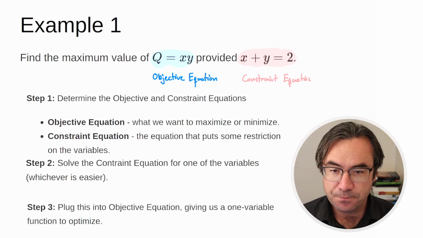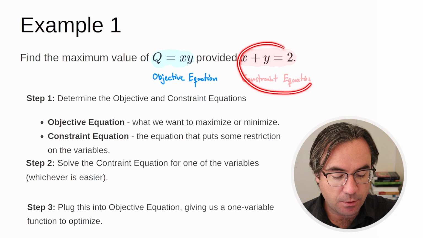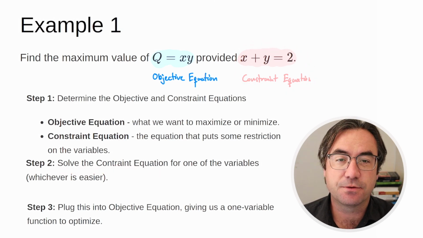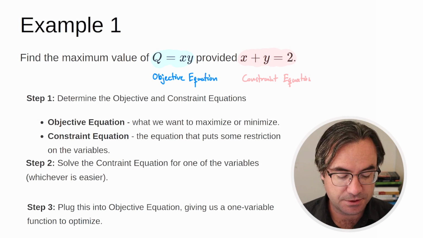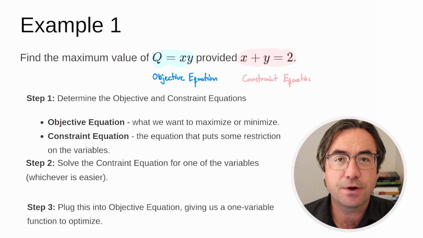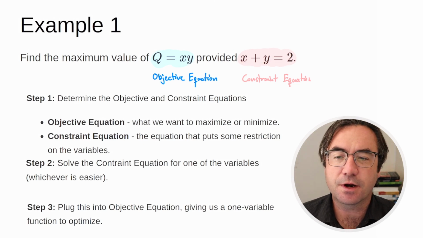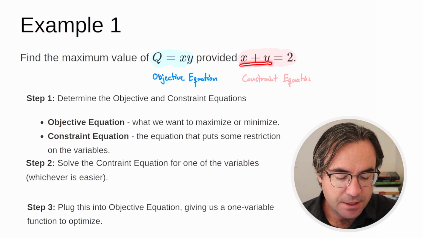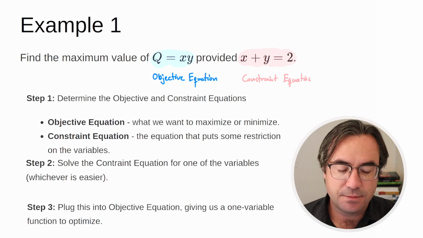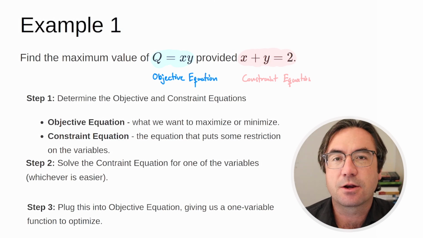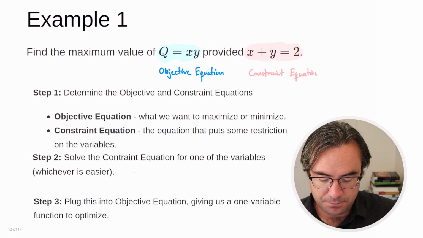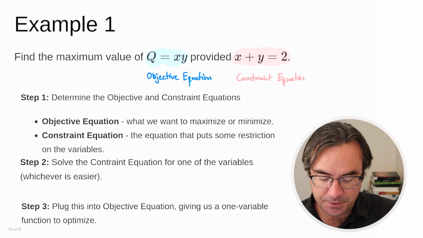Then step 2 is we're going to start with our constraint equation, and we're going to solve it for one of the variables. We have two variables here, so solve for whichever one is easier. In our case, both are pretty easy, so we'll go with the standard and solve for y.